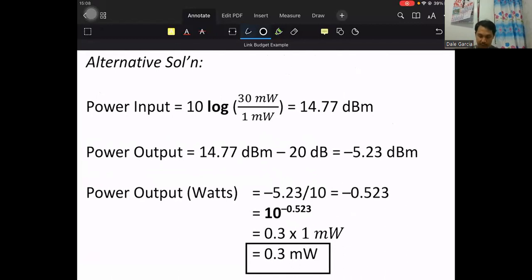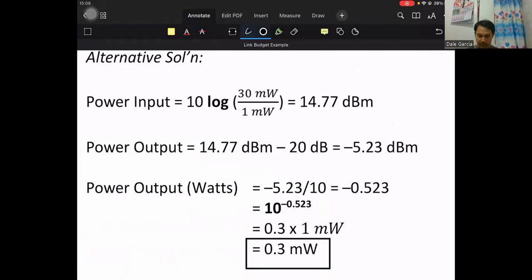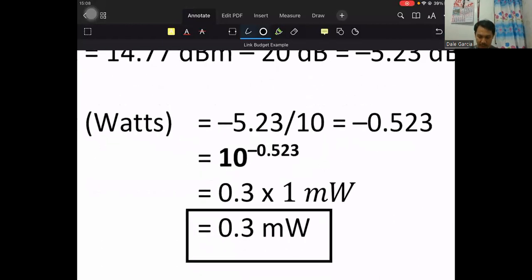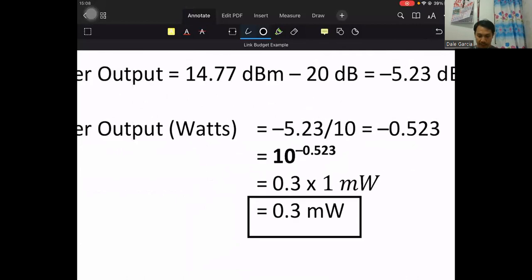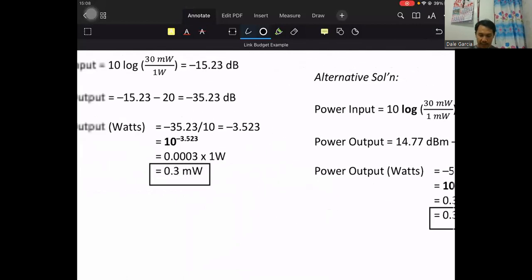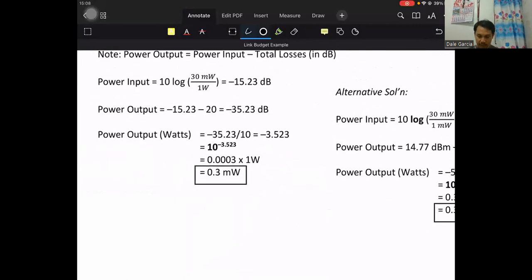Since it started in dBm, after dividing by 10 we take the anti-log, 10 to the power of the answer, and multiply by 1 milliwatt. So 0.3 times 1 milliwatt is 0.3 milliwatts, which coincides with our earlier answer.